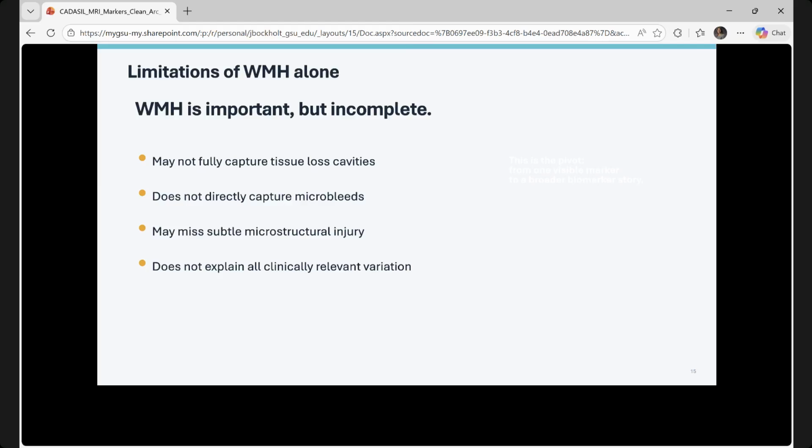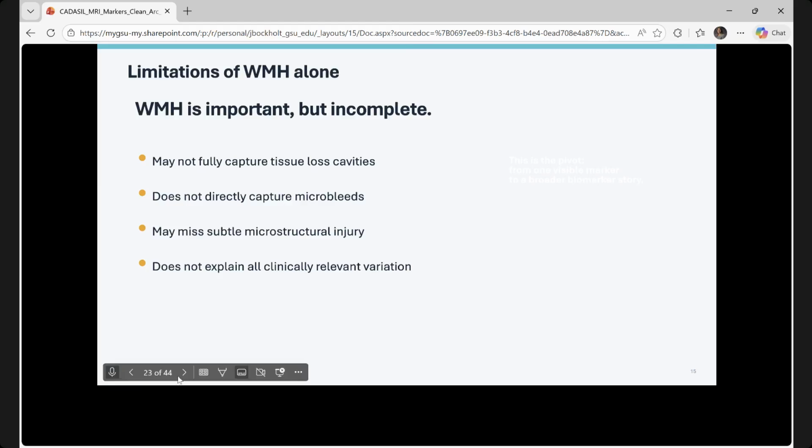They miss subtle signs of microstructural changes in white matter, and they don't explain all of the clinical symptom variation. So, with that in mind, we are assessing, monitoring, and collecting the ability to look at other white matter anomalies. So, next slide.